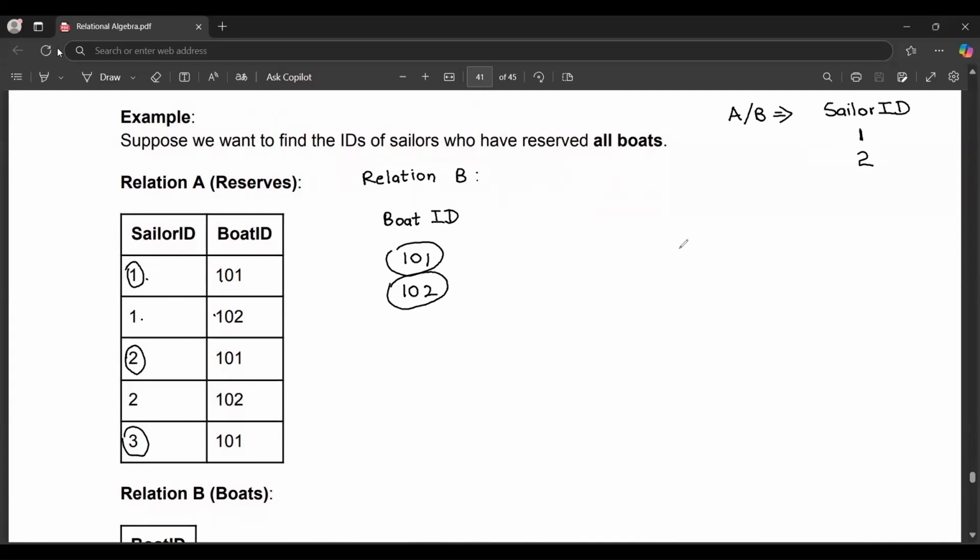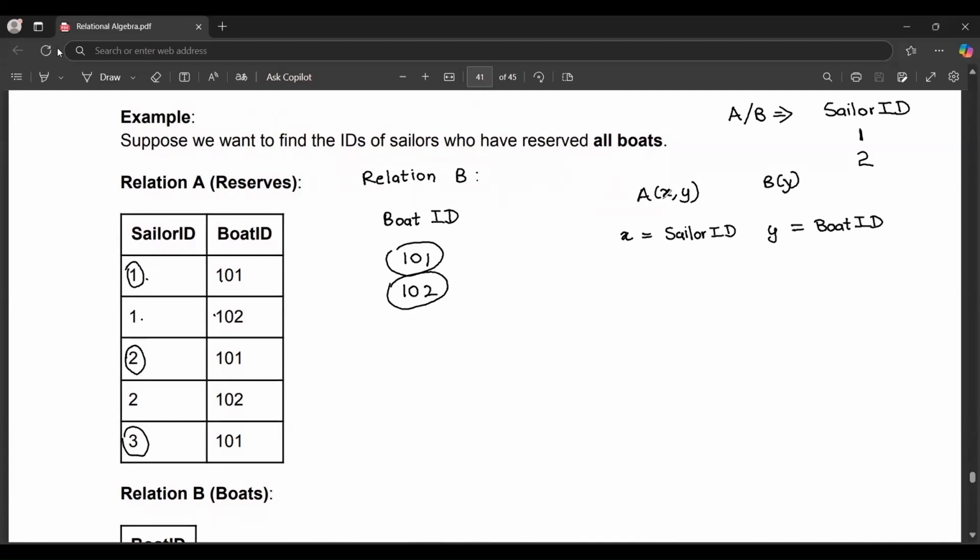So let's use the formal definition here. Since A has x comma y, here x is Sailor ID and y is Boat ID, and we know B has the y column.